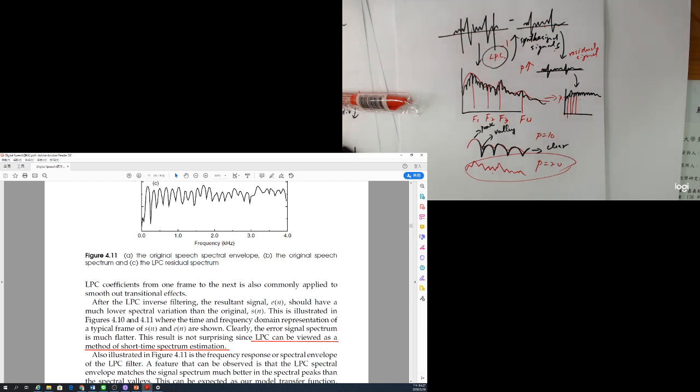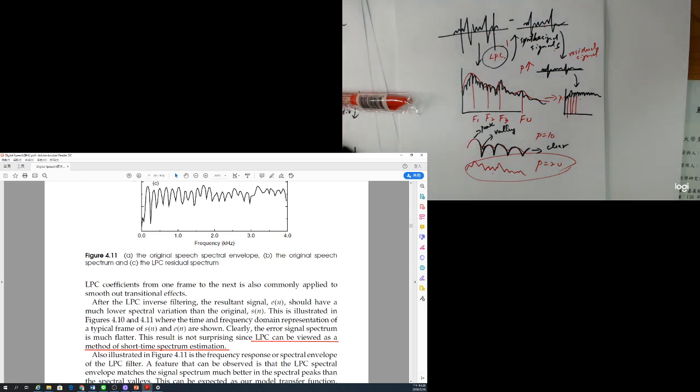For each speech frame, we only have a set of 10 coefficients, the linear prediction coefficients. In this speech frame, these 10 are fixed values.